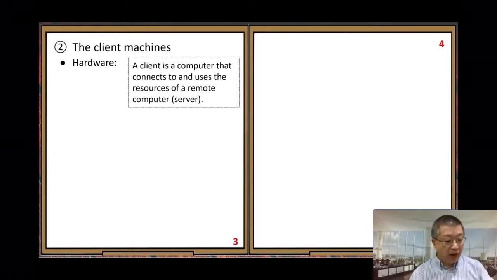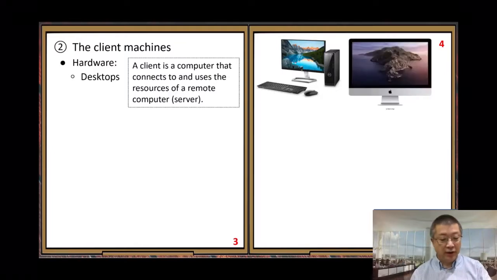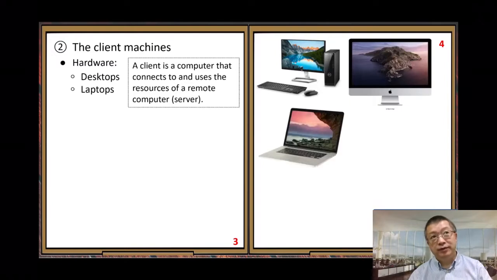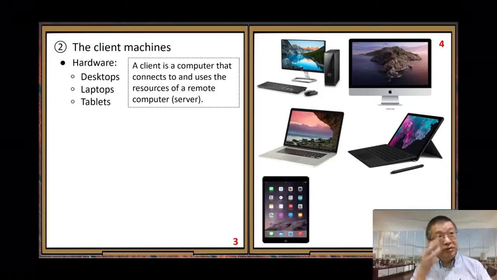So let's look at hardware first. Desktop computers, the typical example. Laptops are also commonly used as client machines, various types of laptops and desktops. Tablets, some people use tablets to access the web.